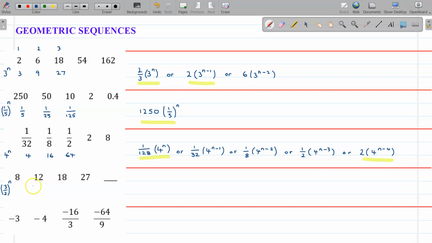So 3 over 2 to the power of 1 is just simply 3 over 2. 3 over 2 squared is 9 over 4, simply squaring the numerator and denominator. 3 over 2 cubed is 27 over 8. So that's quite easy to do.